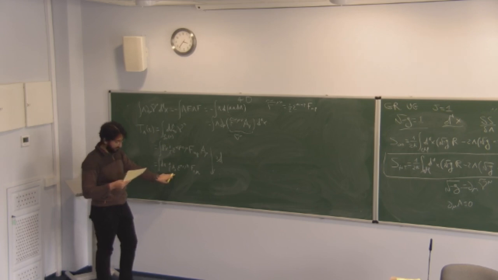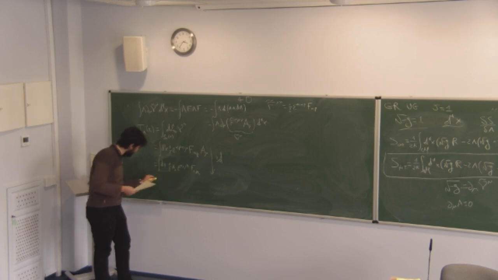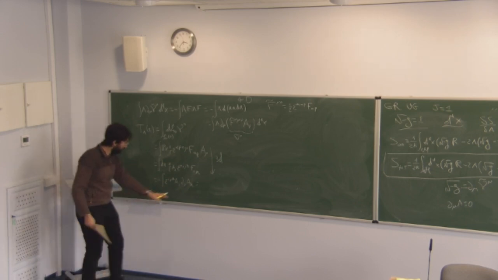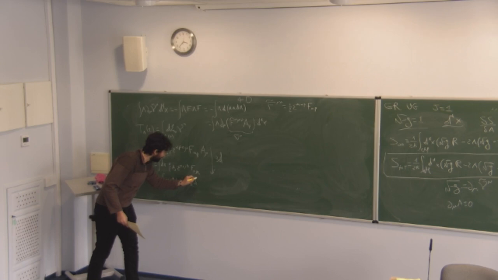And you can see exactly that, what is this? This is basically minus epsilon ijk partial j ak. This is nothing more with a d3x here.